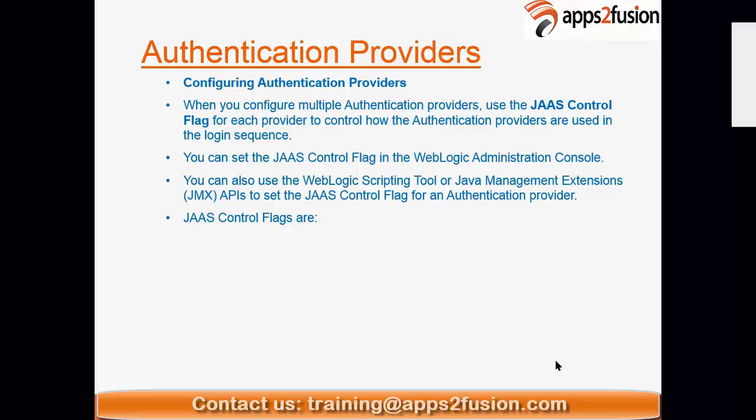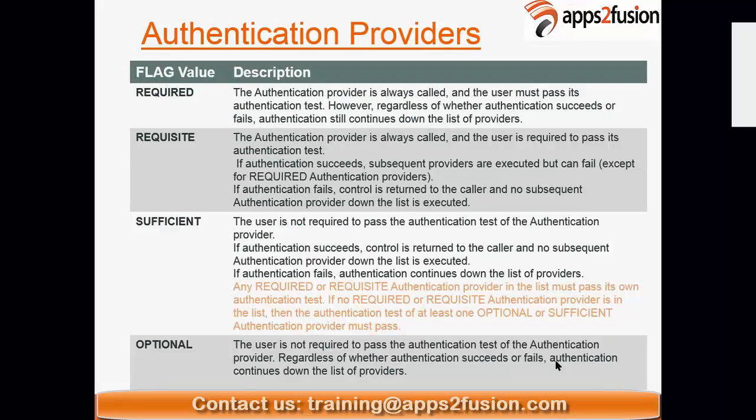But while configuring a new one, these are the flags which I'm talking about. You need to set these flags. There are four levels. The topmost one will be required. This authentication provider will authenticate the user.